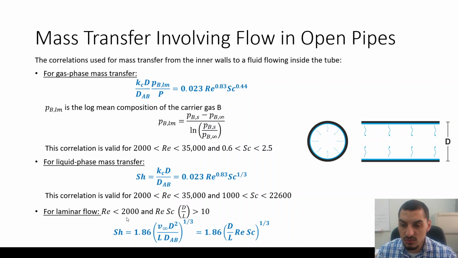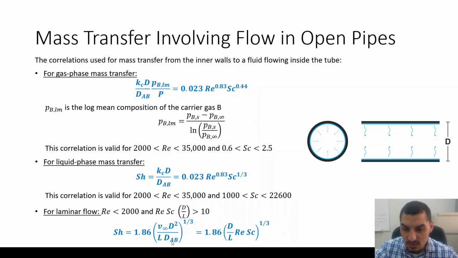For laminar flow, there is a correlation that we can use where Reynolds number is less than 2000. So for all of these, we have relatively large Reynolds number. Here we have the low values of Reynolds number. And this condition must be satisfied: Reynolds multiplied by Schmidt multiplied by D over L must be larger than 10.